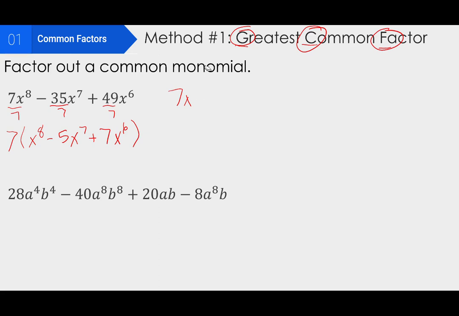The greatest common factor takes out as many of the variables as they can. So 7x to the 6th, that's the most I can go because the last term only has x to the 6th. So I'm going to instead take out that. The coefficients will remain the same, and then I'll divide by x to the 6th. I'll write that down here.